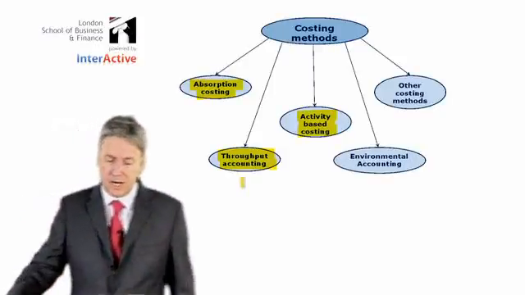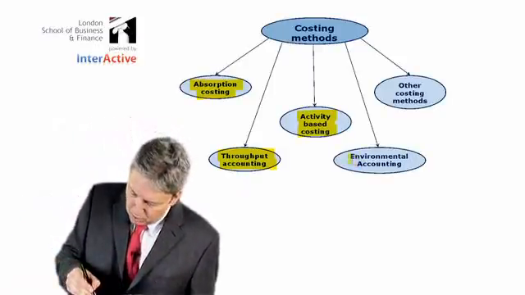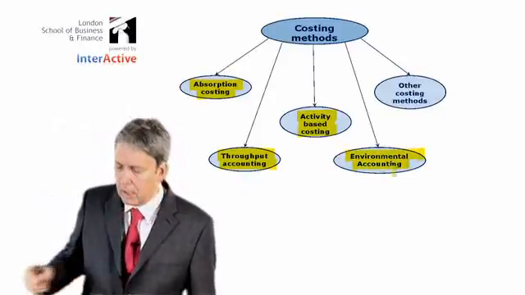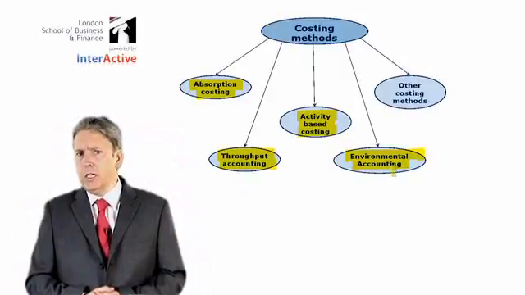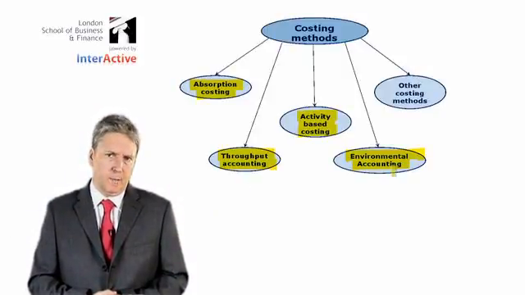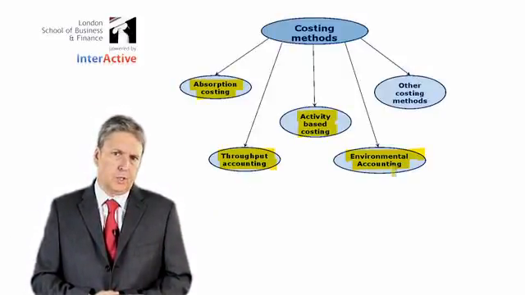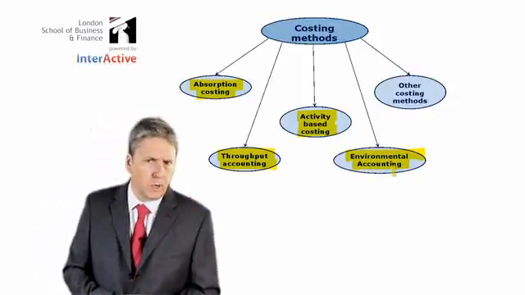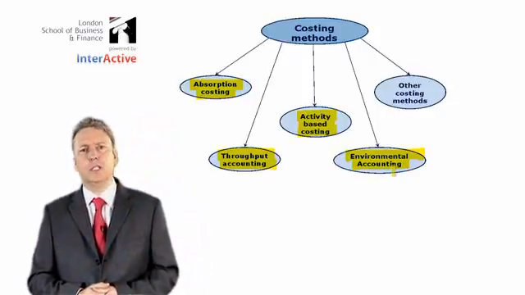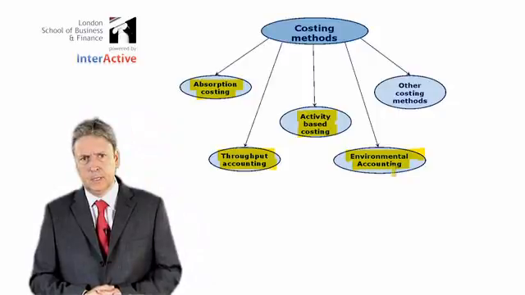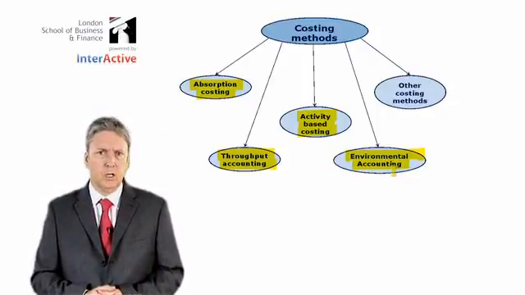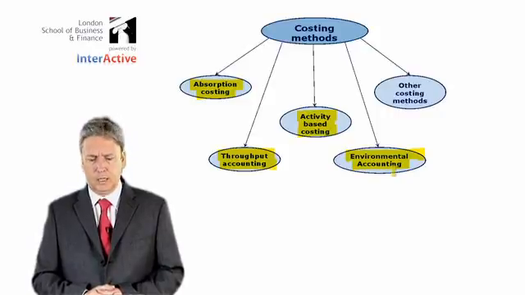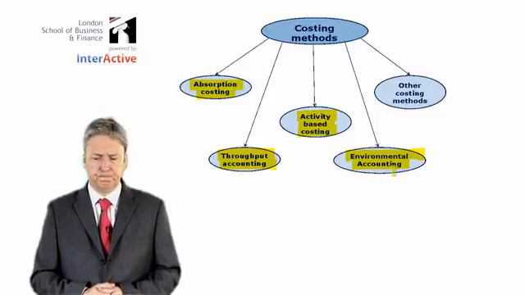In addition to these, however, we have a wholly discursive topic called environmental accounting. Now, this has only just been introduced by the examiner. It is only discursive, and it's quite difficult to understand precisely how it is going to be examined. And I say that after reading the examiner's article on environmental management accounting.